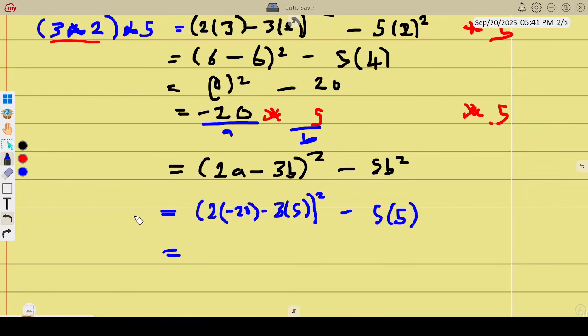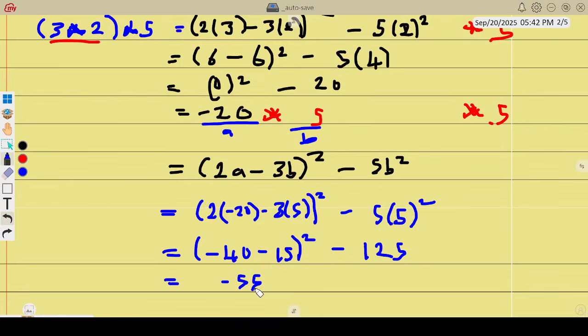So from here we'll now say this is negative 40 minus 15 squared. So 5 times 5 is 25, and then 25 times 5 should be 125. So here we have 125, and then we subtract: negative 40 minus 15, so it's just like adding them.